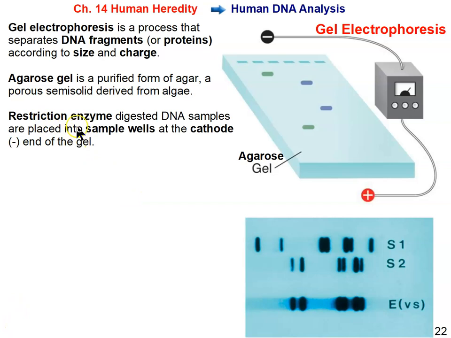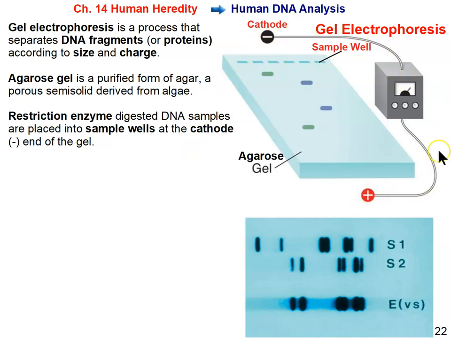So it starts by placing the samples, the restriction enzyme digested DNA samples, into the sample wells at the cathode end of the gel. Here we have the sample wells, each of these little slits in the gel, and this is the cathode, the negative electrode.